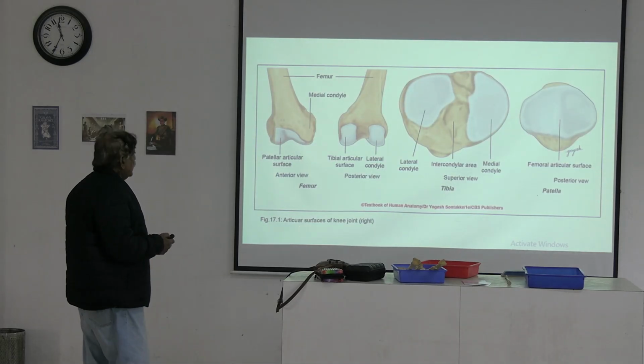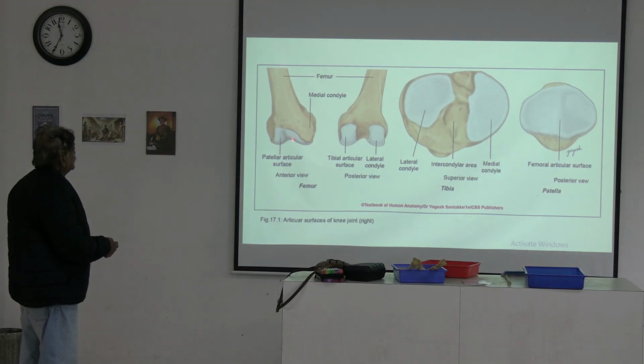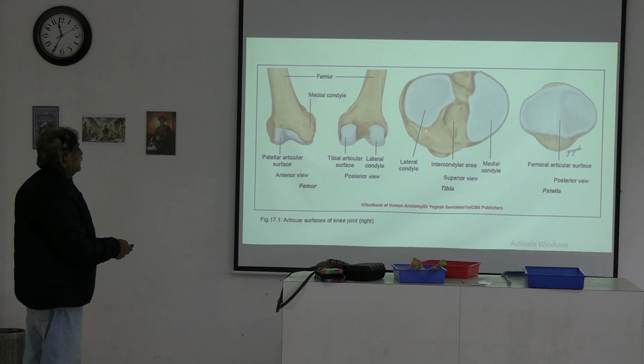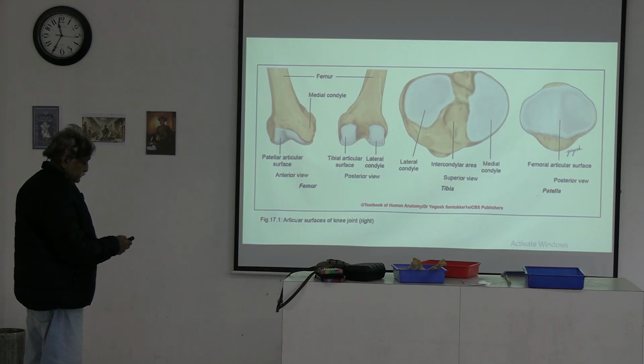See, this is the femur, this is the medial condyle, patella, articular surface, anterior view of femur. Tibial articular surface, lateral condyle here, intercondylar area, medial condyle, superior view, and the patella here.